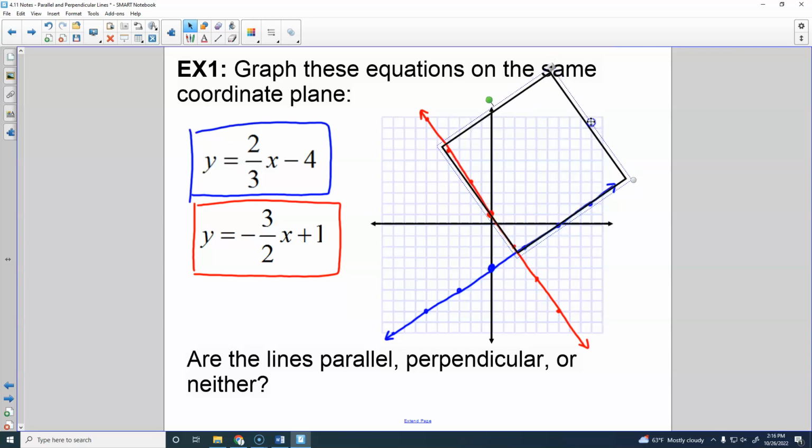Does it fit? Mine's not perfect. I think that's probably due to my poor graphing. It looks pretty good right here. It's a little crooked right there, but I think that's my fault. So you can see that looks like a 90-degree angle right there. So for this one, that looks like a 90-degree angle. We would say perpendicular.